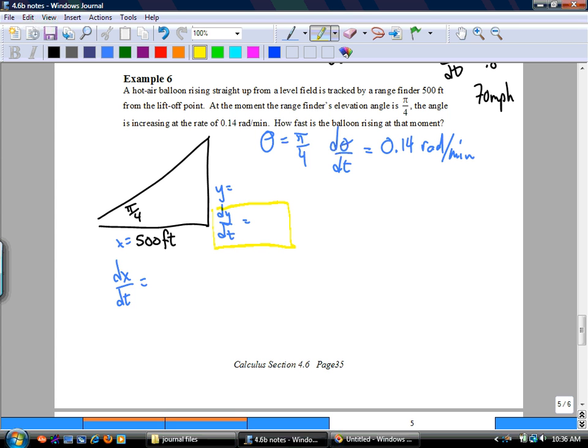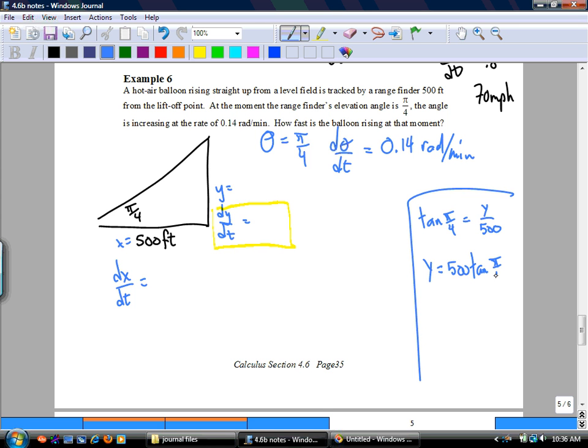You might not like how I know what y is, but I know what y is. Grade 9 trig, right? So you can go tan of pi over 4 equals y over 500. So y equals 500 tan pi over 4.